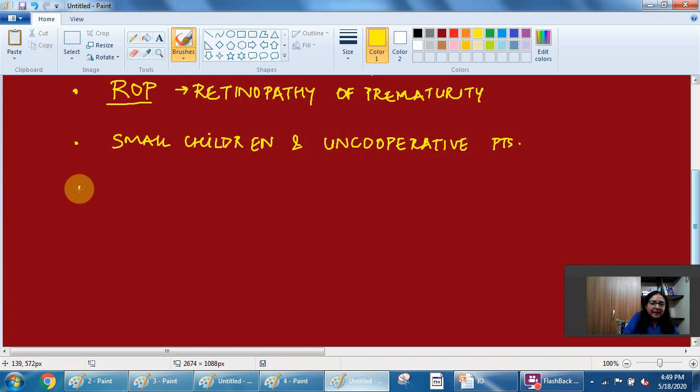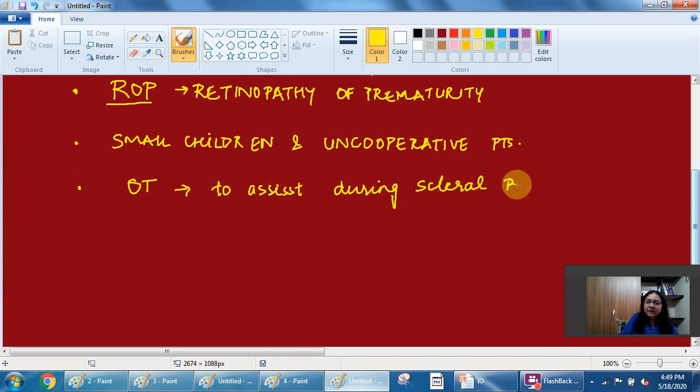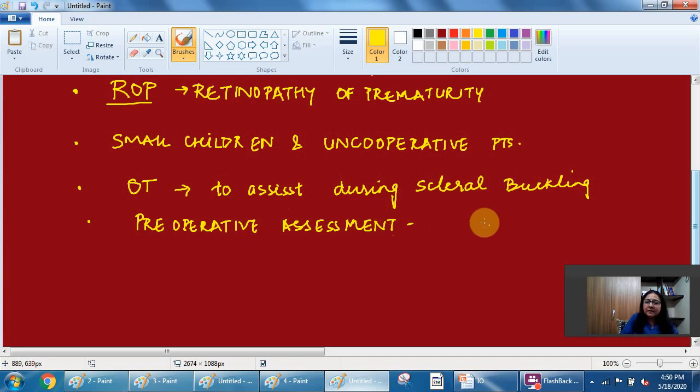Indirect ophthalmoscopy can also be done in the operation theatre to assist fundus viewing during scleral buckling surgery. And not only in the OT, pre-operative assessment of the retina in cases of retinal detachment, indirect ophthalmoscopy is a very important tool.